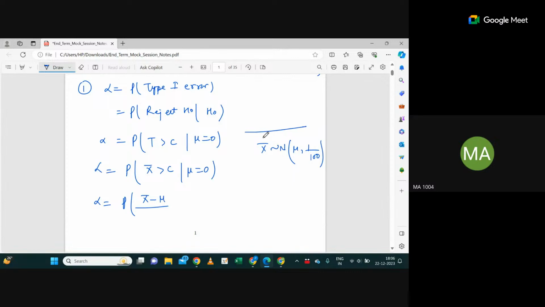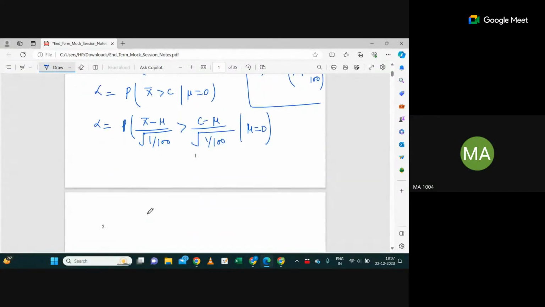And c minus mu divided by the square root of 1 by 100, given that mu is equal to 0. So alpha equals the probability of Z greater than, and if you put mu as 0, it will be c divided by 1 by 10.